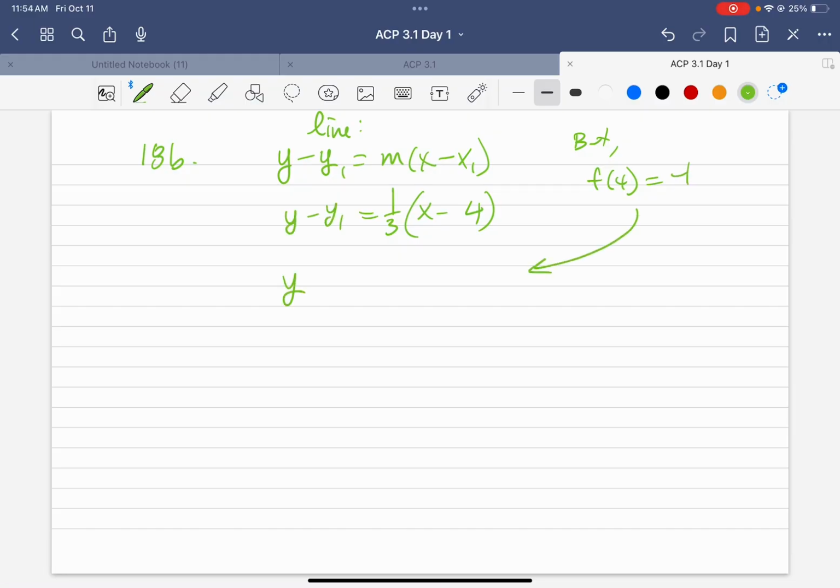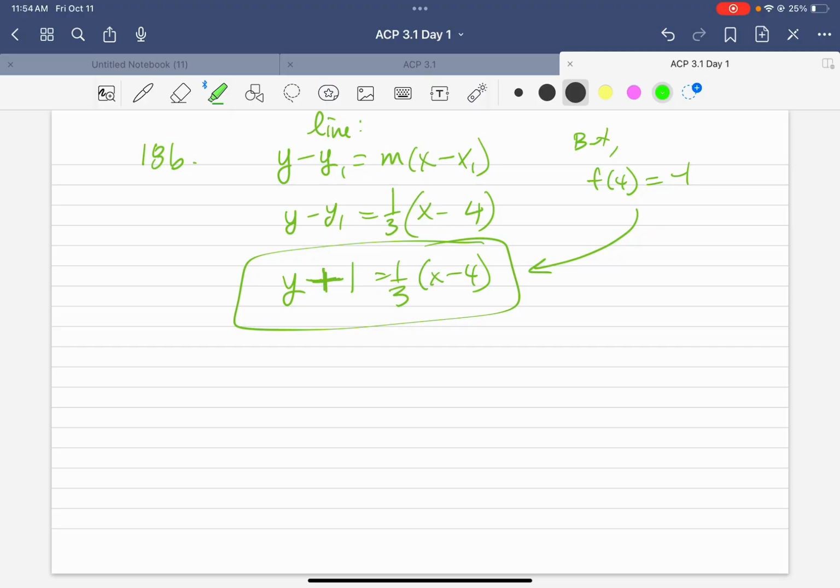So I can put in my y1, and it's y minus a negative 1, so it'll be a plus 1. It's equal to this. So really there's nothing much to do except plug in values that you've already used. The x that we used to find out where the slope of the tangent line was, and then also that associated y value.